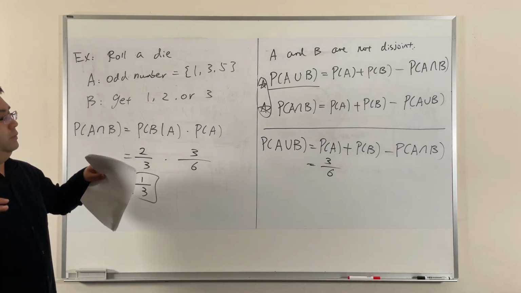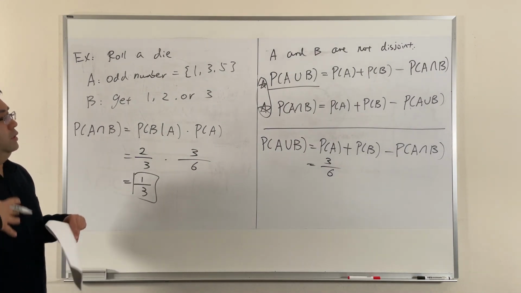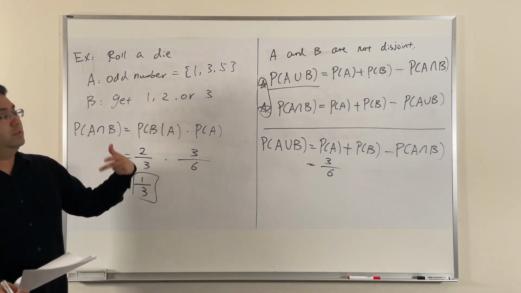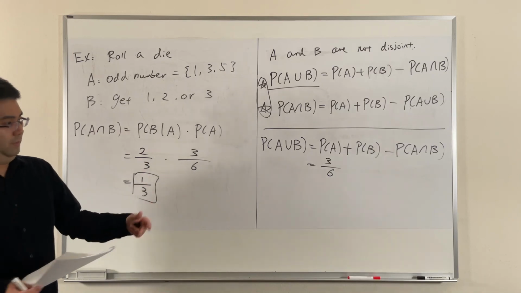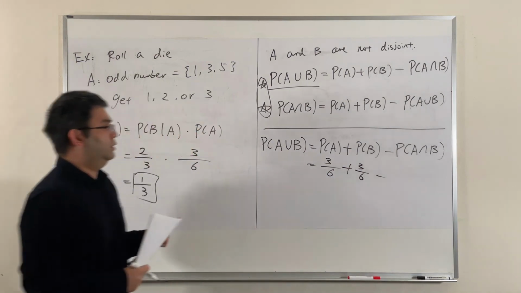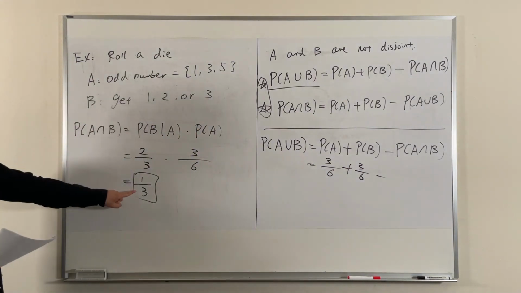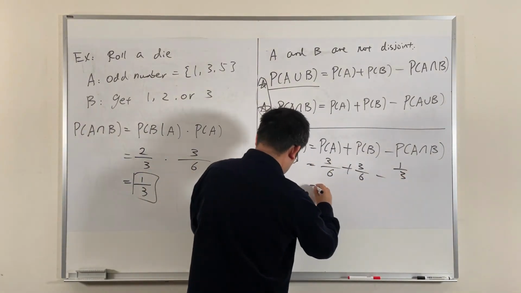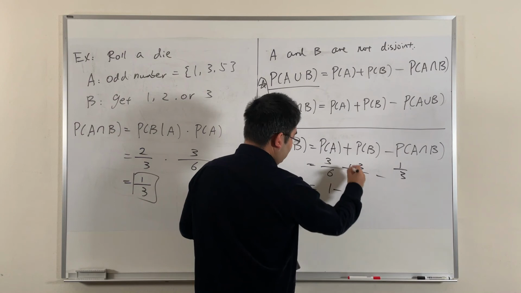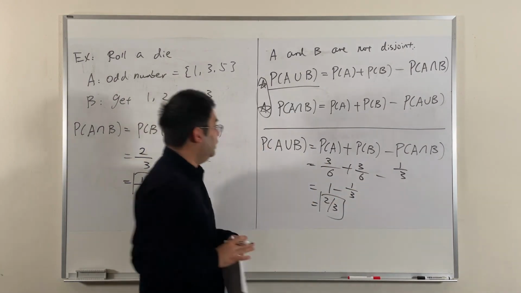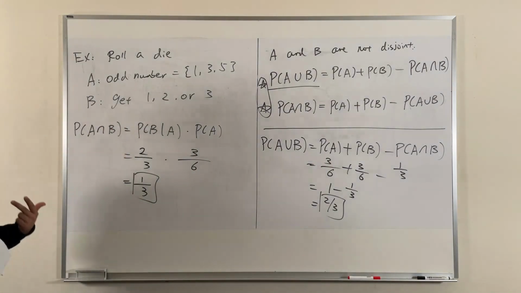The probability of B by itself is, of the total 6 possible outcomes, 1, 2, 3 are going to satisfy the event B. So plus again 3 over 6, and then you get minus A intersects B, that's 1/3 here. And then you get 1 minus 1/3 is 2/3, right? Okay. So probability of A union B in this case equals 2/3.